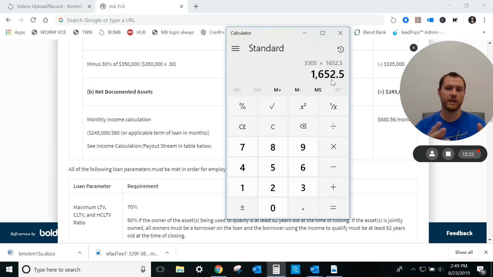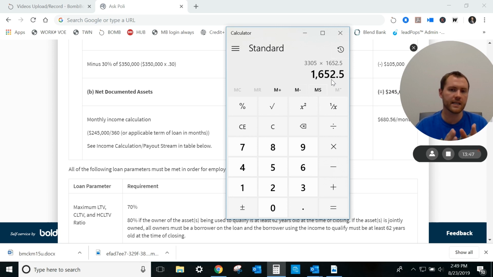Then your total debt would be $1,500 a month, and you're under this number right here. So in this scenario, you would qualify for however much home that would purchase at the rate and terms. We would have to dive in a little deeper to figure out exactly what that looks like. But when you're putting 30% down on a $300,000 home, that's going to take your monthly payment down.